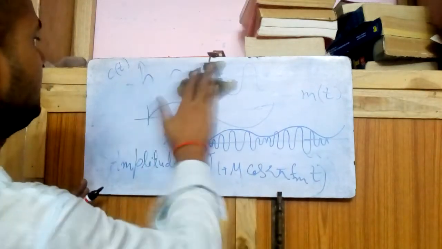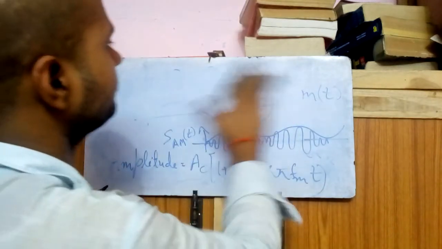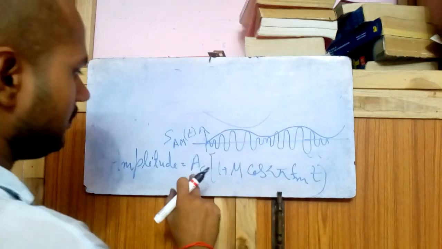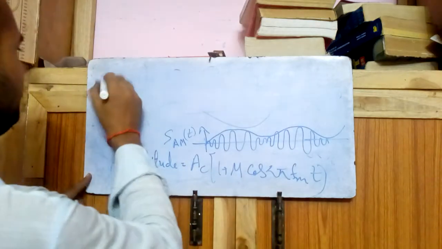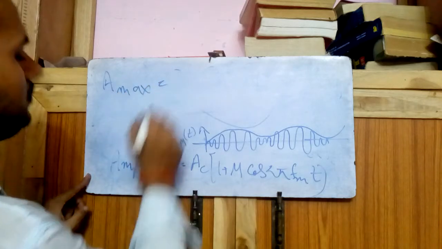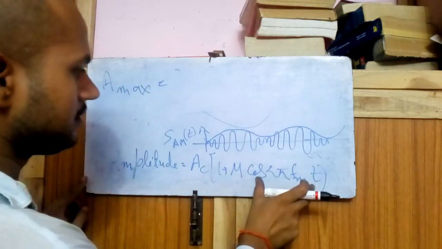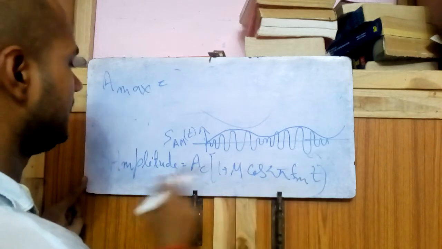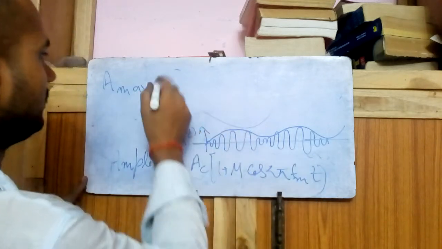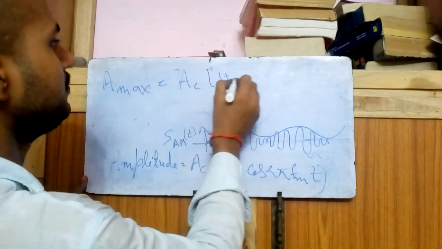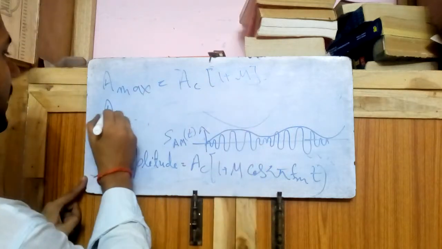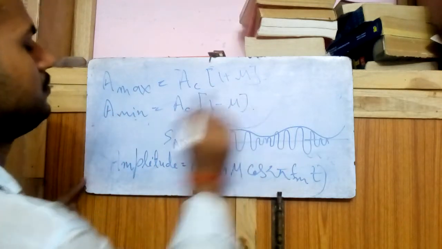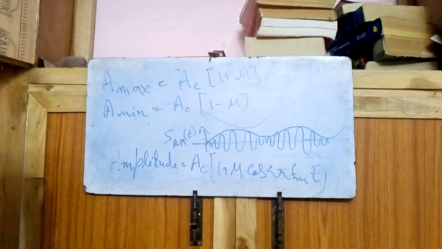So what is the analysis? The amplitude will be maximum, A max. Since cos 2 pi fm t varies from plus 1 to minus 1, it will be maximum when it is plus 1: Ac (1 + mu), and minimum: Ac (1 - mu), right?